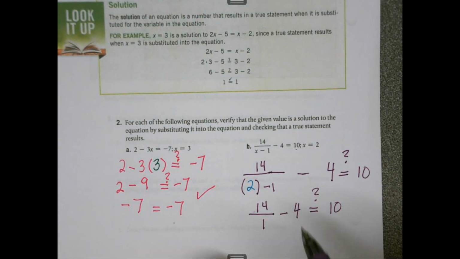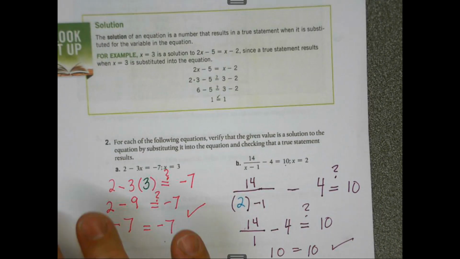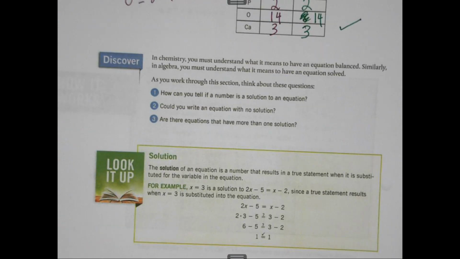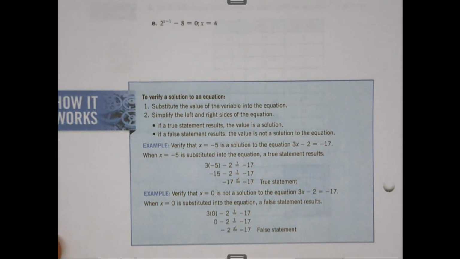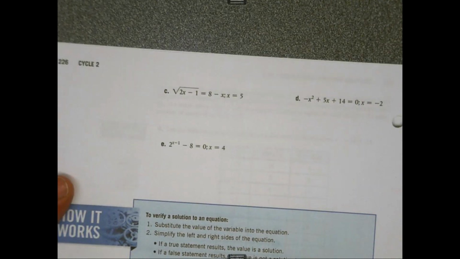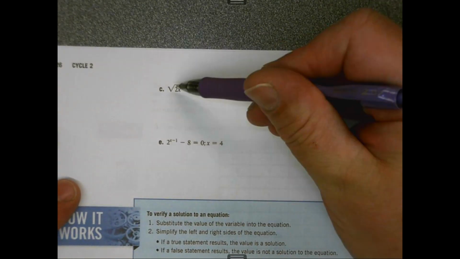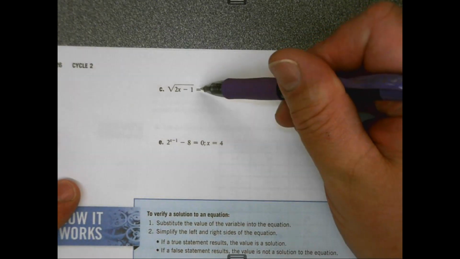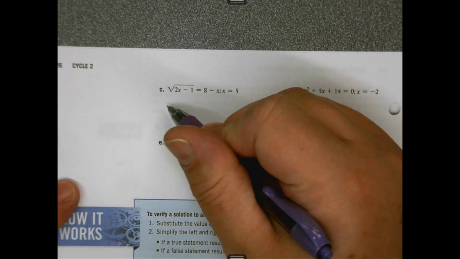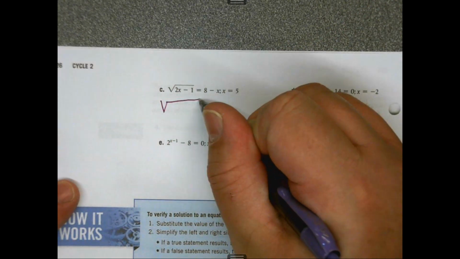C, does the square root of 2x minus 1 equal 8 minus x? And for the x, we have the value 5.